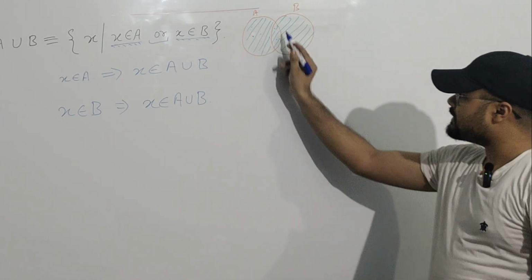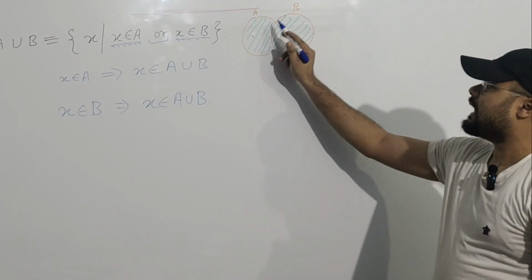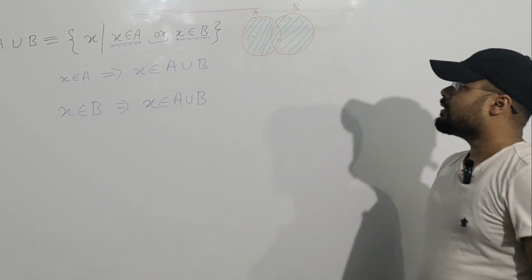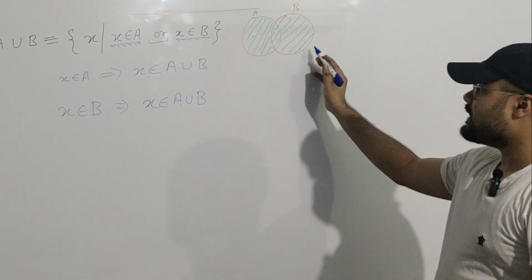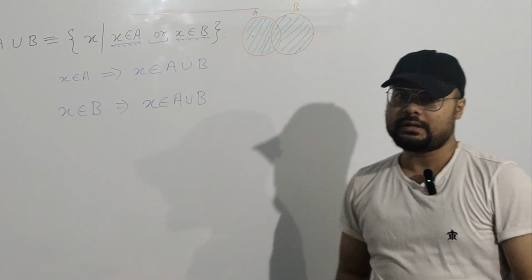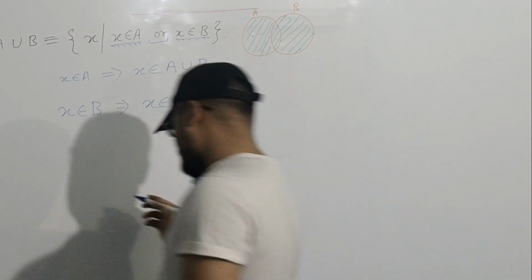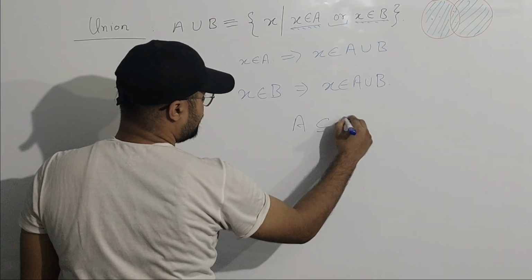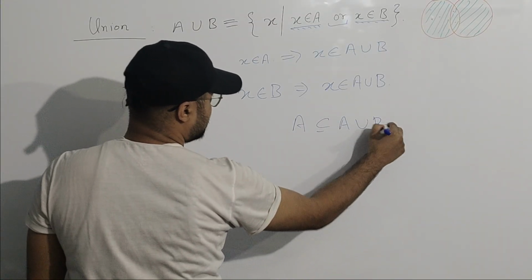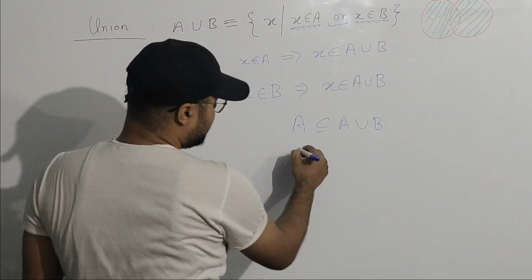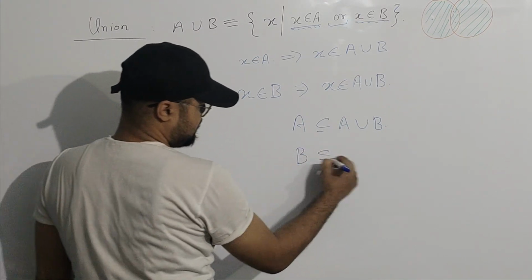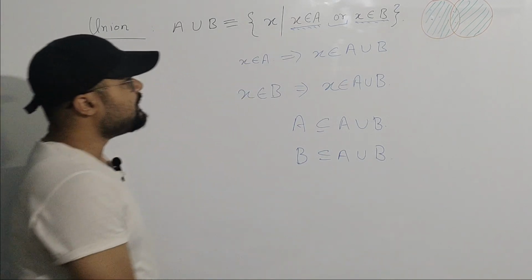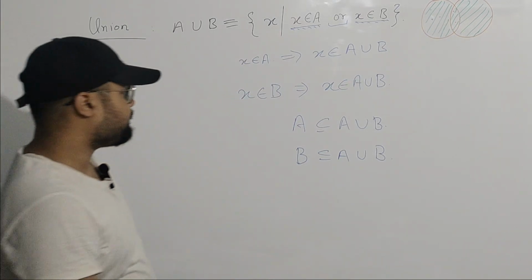So all of these elements belong to A. And if they belong to A, then they belong to A union B. Because clearly A union B is a superset of A. So A is a subset of A union B. Similarly, B is a subset of A union B.